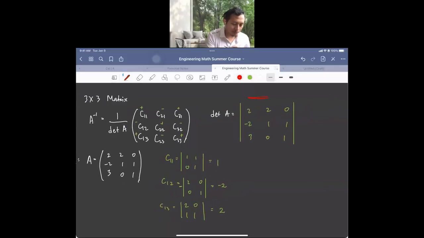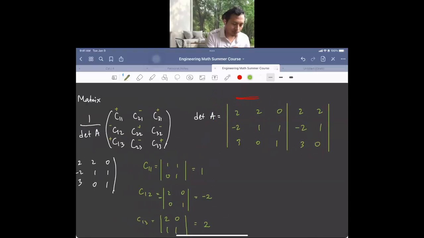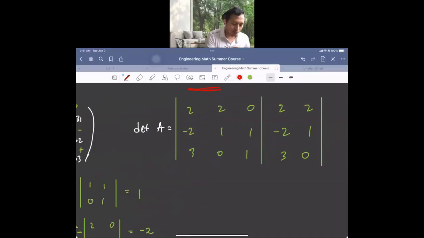And I will add another one here. The first two columns I will write again: 2, negative 2, 2, 0, 1, 0. This is if you want to skip some time to calculate. This is one method that I find maybe faster than usual.